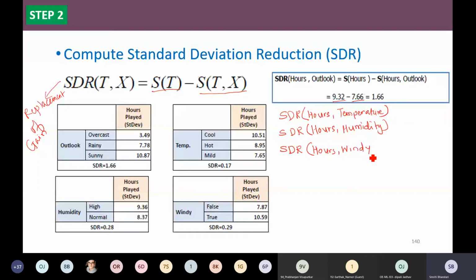So overall we have 4 attributes, and for all 4 attributes we are going to compute this quantity SDR.